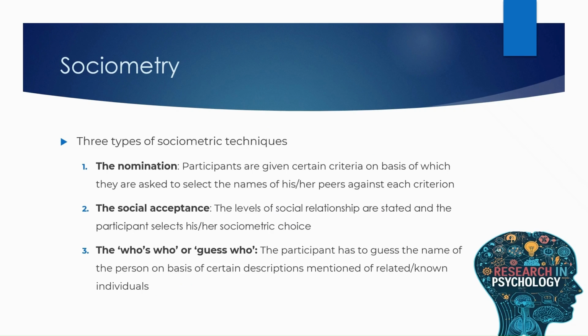The first way is called the nomination, in which participants are given certain criteria on the basis of which they are asked to select the names of his or her peers against each criterion, which means I'll be giving a criterion to a participant and they have to nominate a person who actually suits best to that criterion.